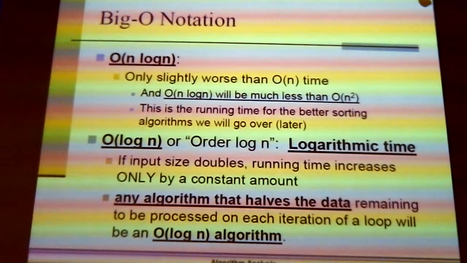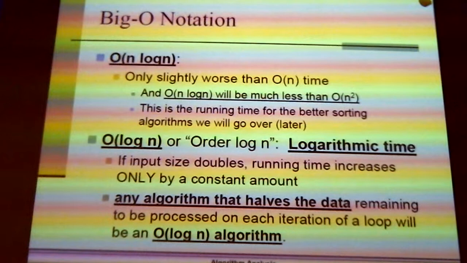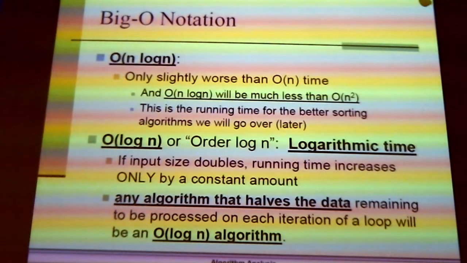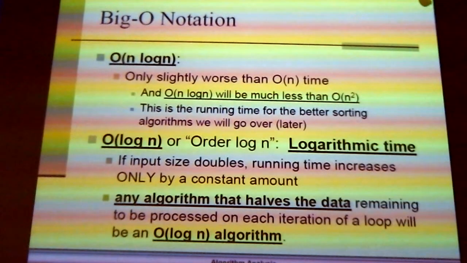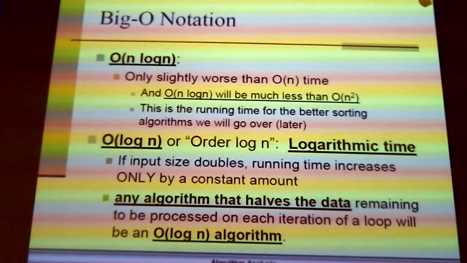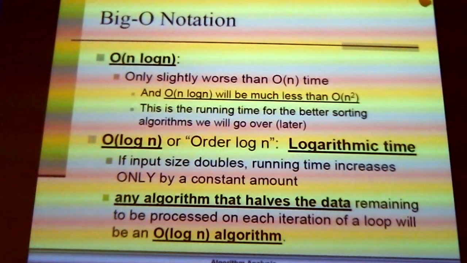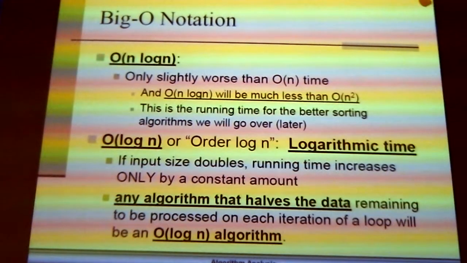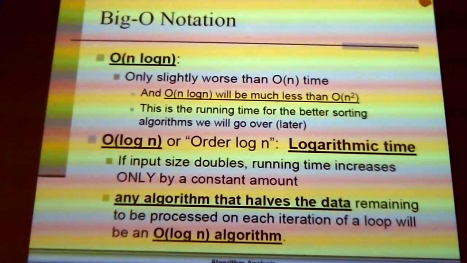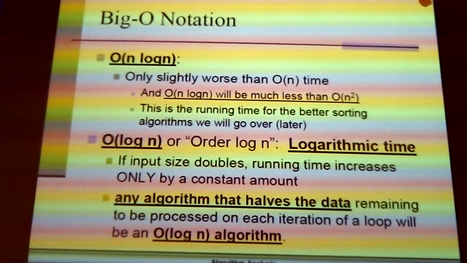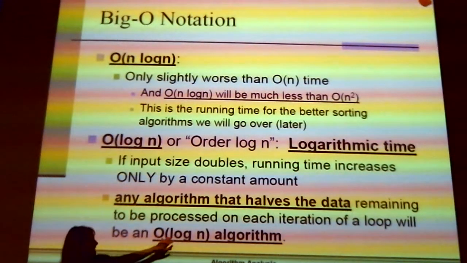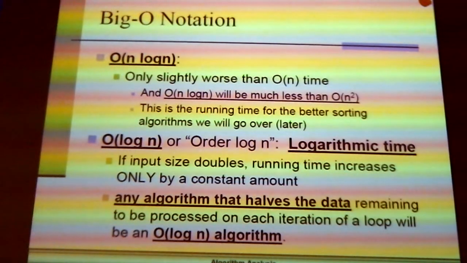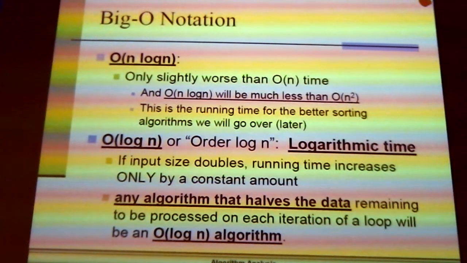As your input doubles, the run time increases, but only by a constant amount, which is awesome, because it doesn't get really big really fast. And then we're talking about any algorithm that halves the data remaining, like your binary search, like Evan said. That is the remaining data to be processed on each iteration, and that ends up being this big O log of n algorithm, that binary searching.